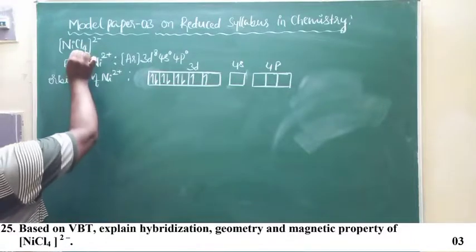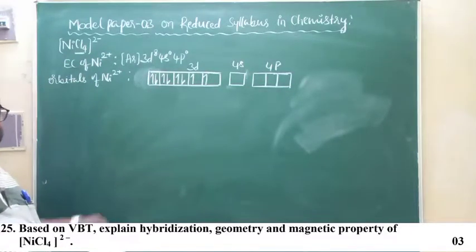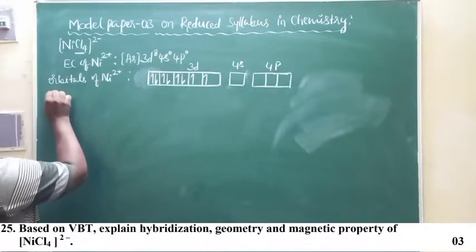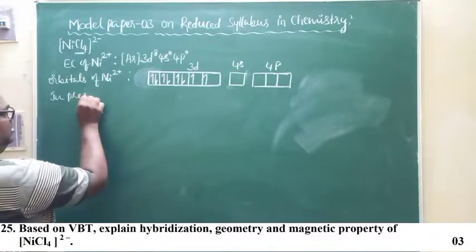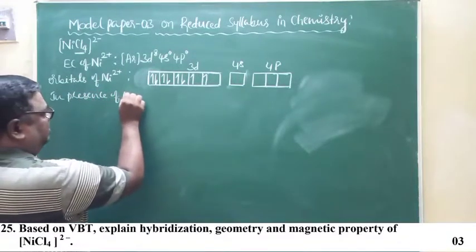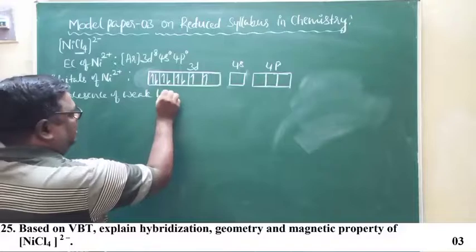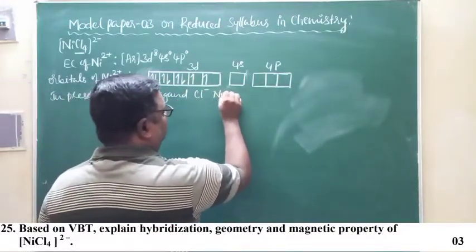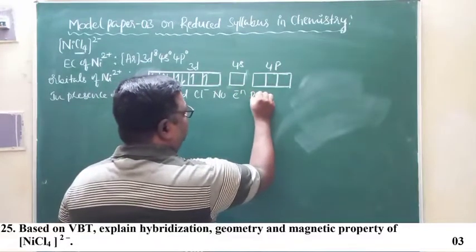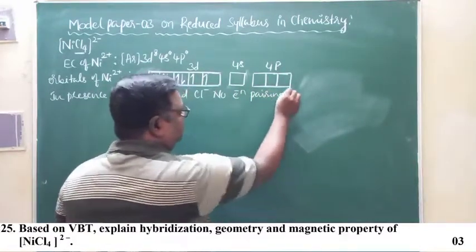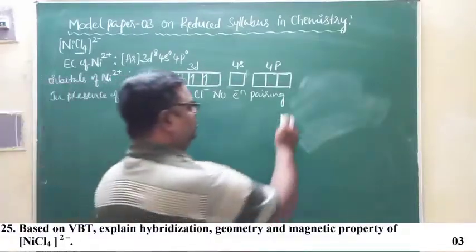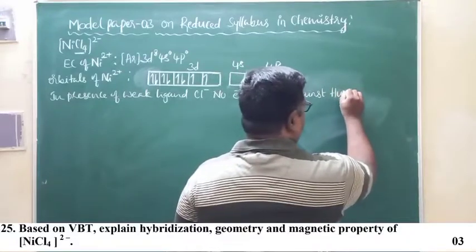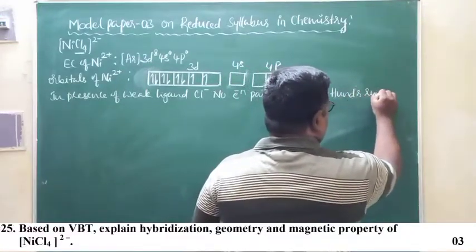And of course, in the complex Cl minus is the ligand. It's a weak ligand. In presence of a weak ligand, Cl minus, no electron pairing against Hund's rule takes place.